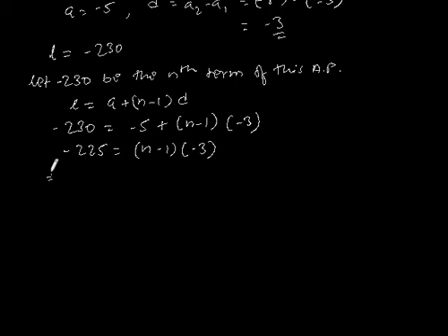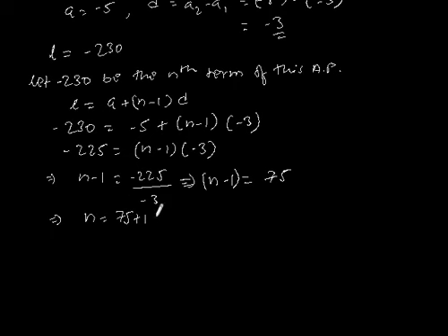This will give n minus 1 is equal to minus 225 divided by minus 3, which implies n minus 1 is equal to 75, which gives n is equal to 75 plus 1, which is equal to 76.